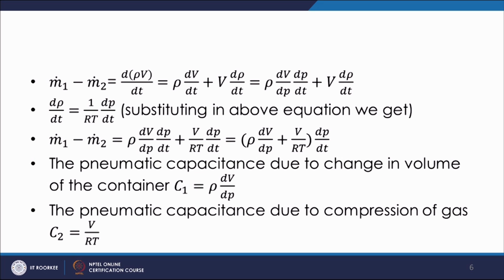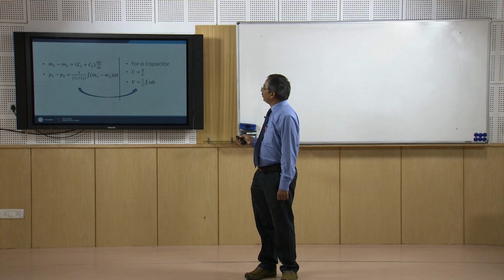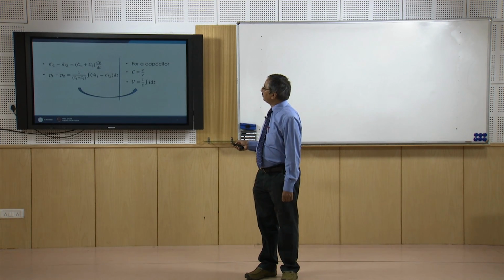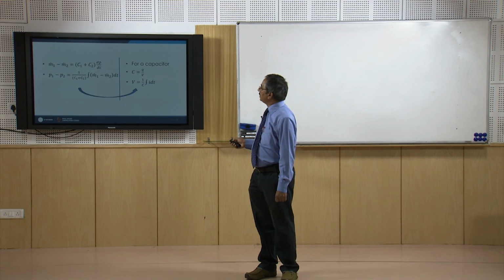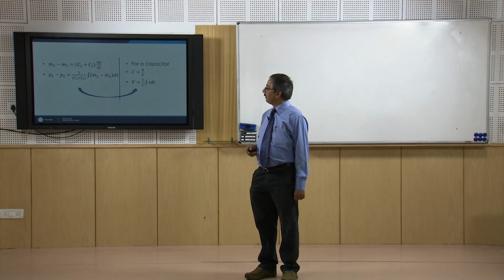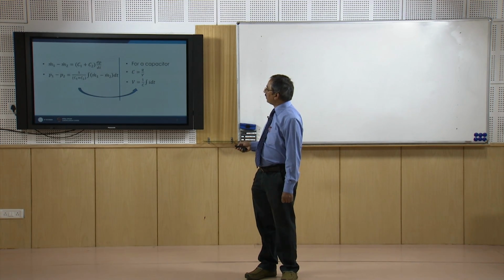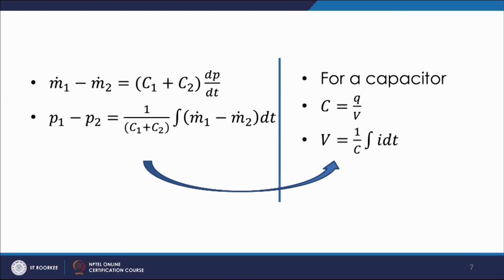So let us substitute that. If I do that, this is what I get: C1 plus C2 times dP by dt. Or I can write in terms of P1 minus P2, that is, if I integrate this equation, I get 1 by C1 plus C2 times the integral of m1 dot minus m2 dot dt.